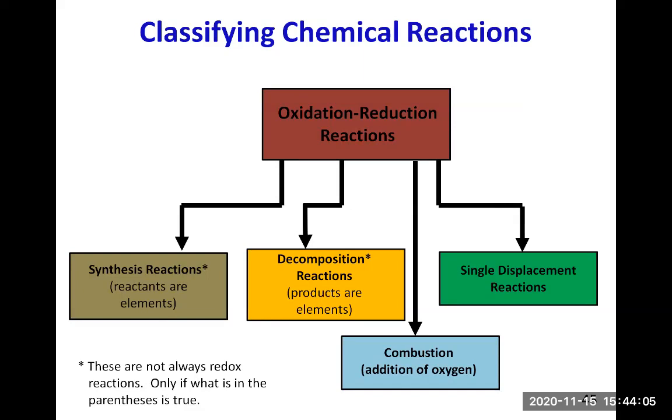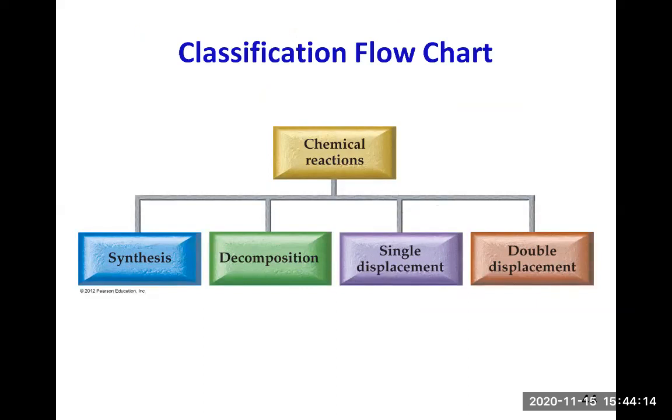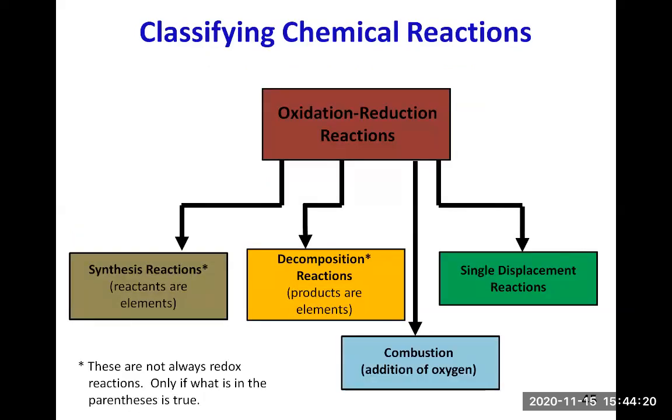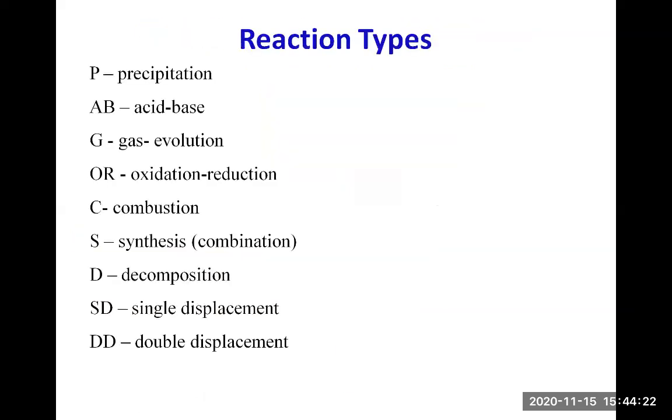So that means there are multiple ways of classifying a reaction. You can use the first type of classifying or this new type here of synthesis, decomposition, single displacement or double displacement. So let's practice that. First, let's look at how we will use acronyms here to name each type of reaction.